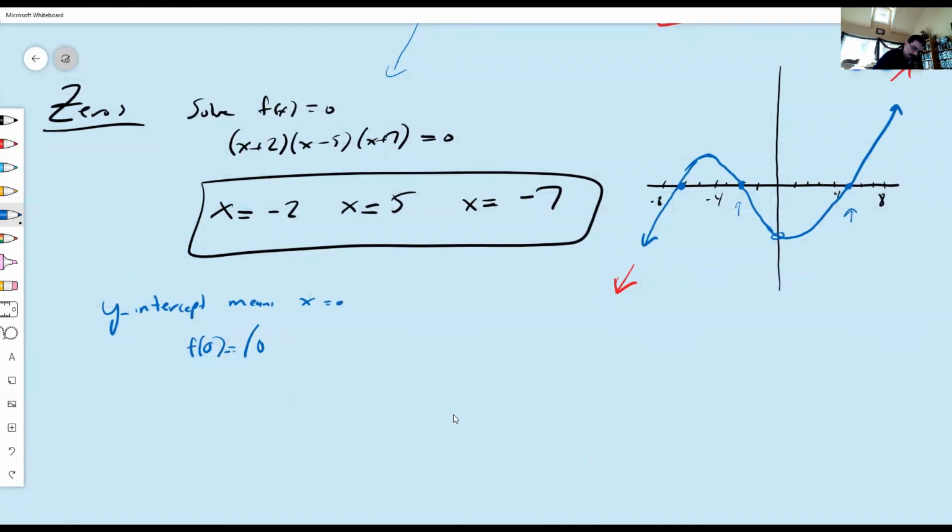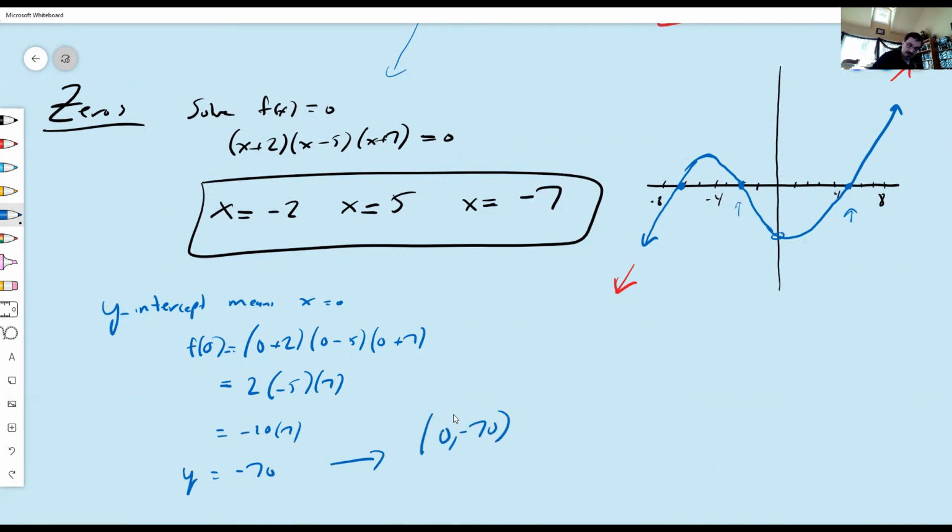So this would be 0 plus 2, 0 minus 5, and 0 plus 7. So 2 times minus 5 times 7. That's minus 10 times 7, or minus 70. So our y-intercept point is the point x is 0, y is minus 70. So this point right here, if I do scale, it'll be way down there, but it's the point (0, minus 70).